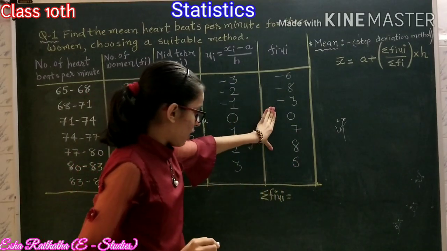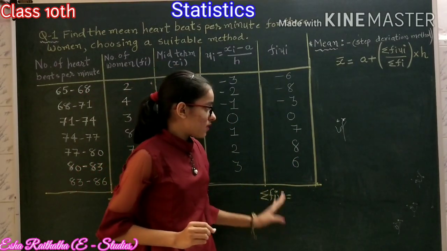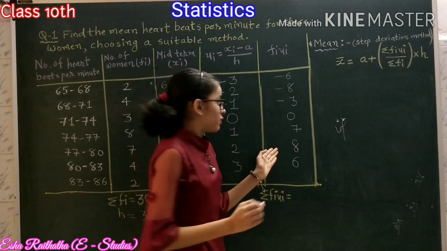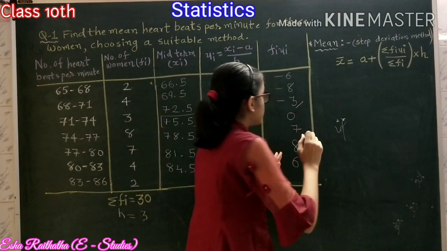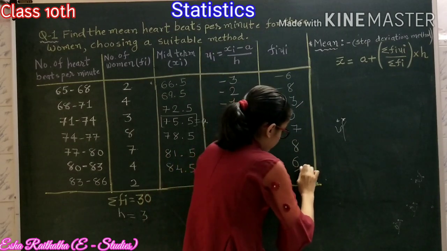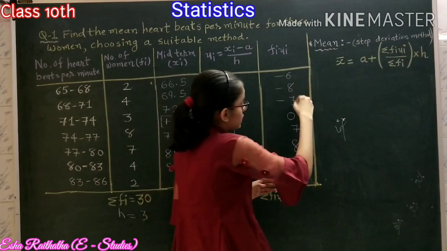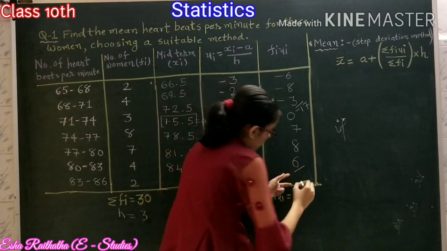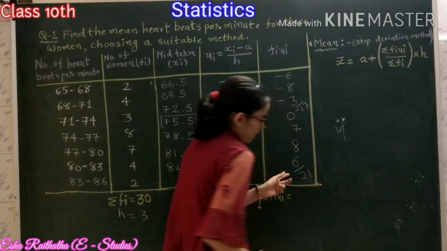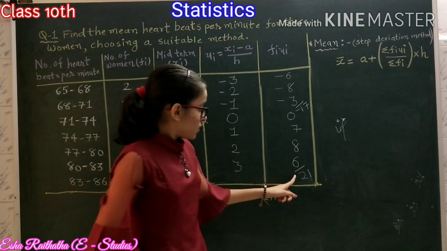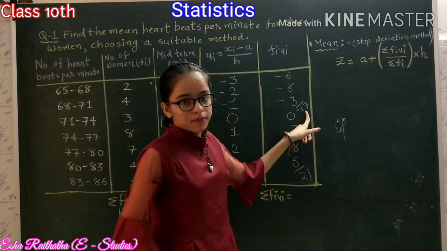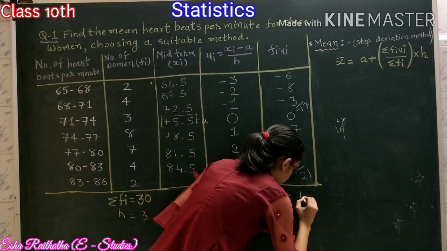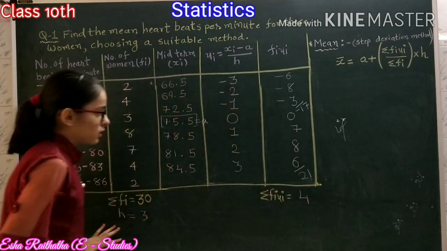We have found them. Now for sigma fi ui we have to add them. First we add all the negatives, which will be -70, and the positives, which will be 21. Now 21 minus 70 will be 4. We have found all these things.